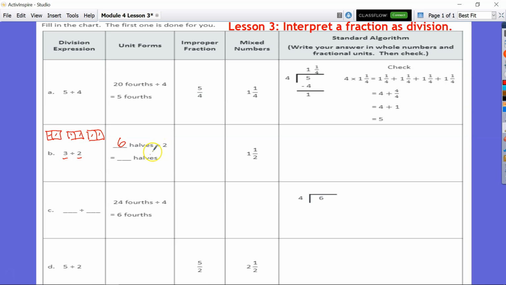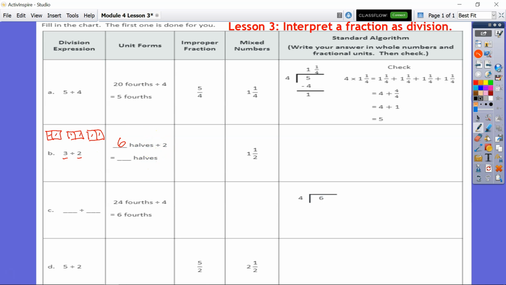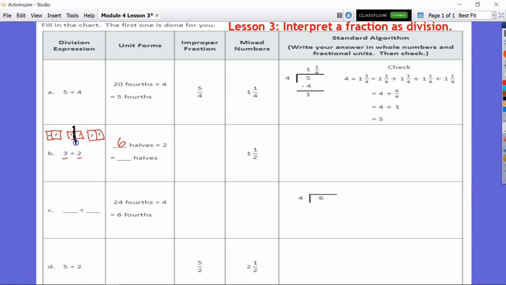So 6 halves divided by 2, we simply would have a line right down the middle. That would be 1, 2, 3 halves, 1, 2, 3 halves. So 6 halves divided by 2 would be 3 halves.